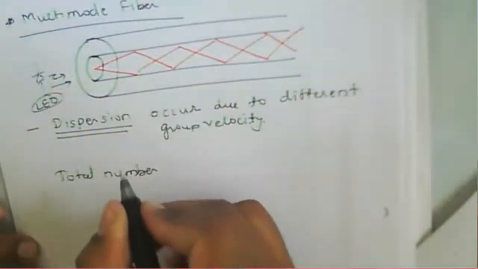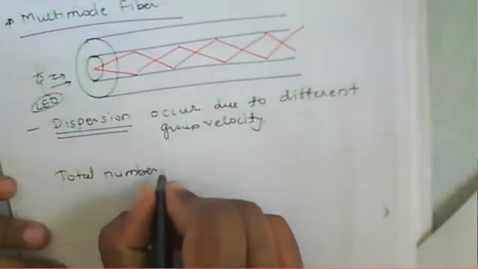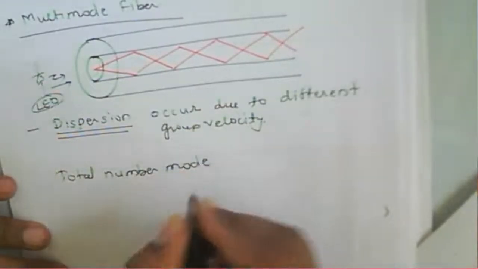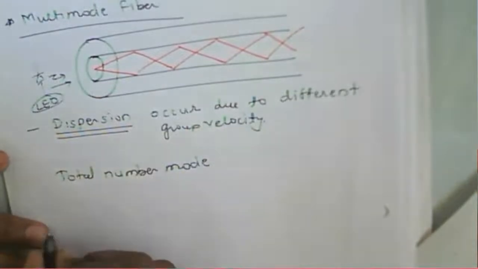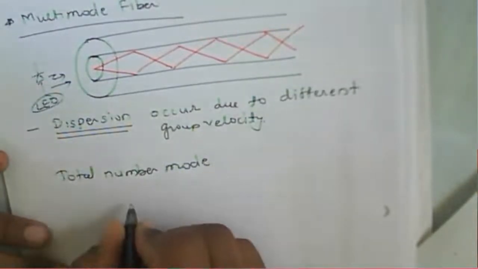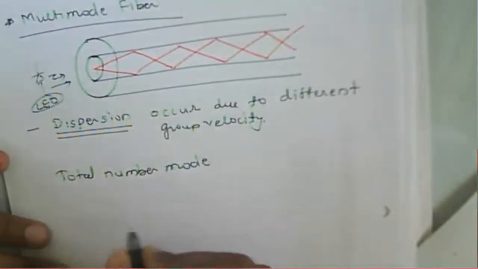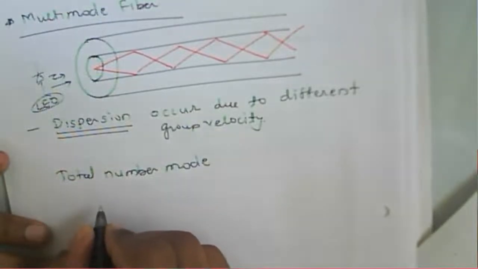The total number of modes propagating in a step index fiber can be obtained using the mode volume.